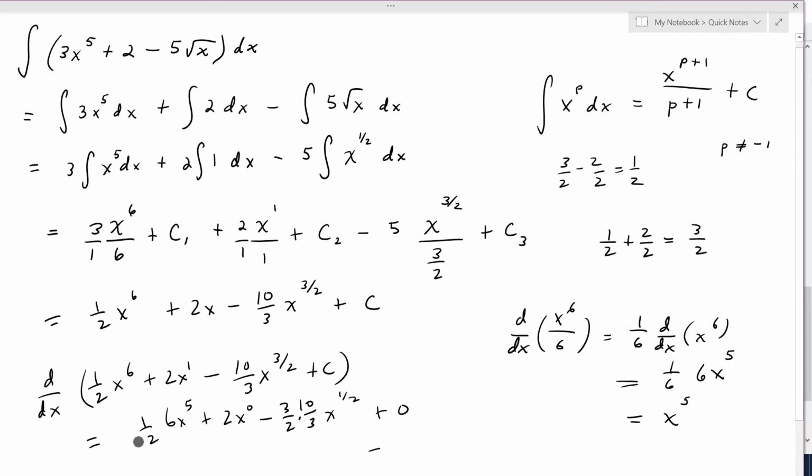Okay, and so if you just clean this up, this gives you 3x to the 5th, 2x, or actually 2 times 1, so that's 2. And then the 3's cancel here, and then 10 over 2 is 5. And that's just square root of x. Okay, so it does check out, right? It goes back to this small f of x.